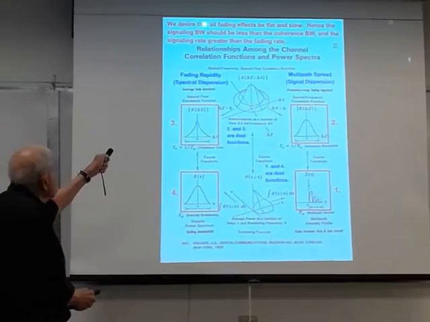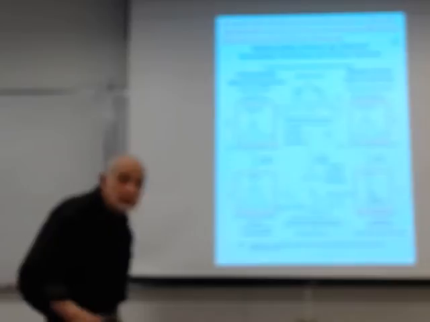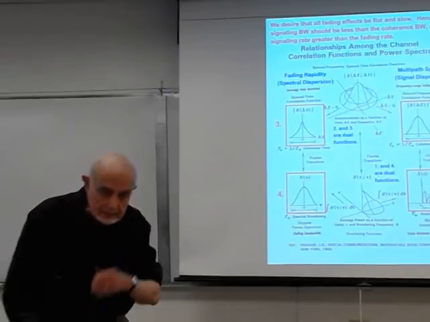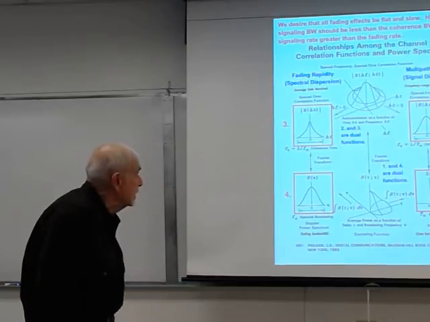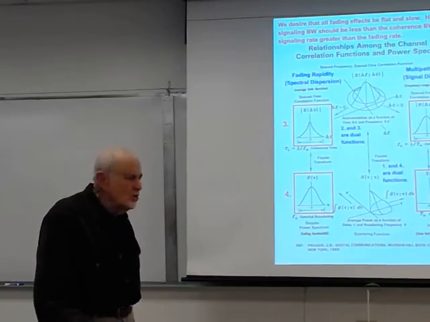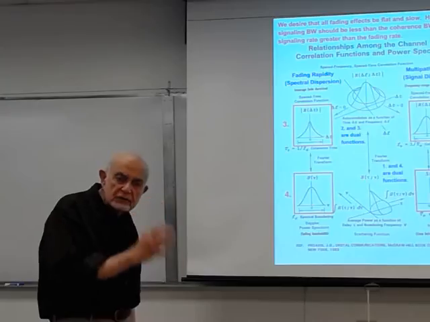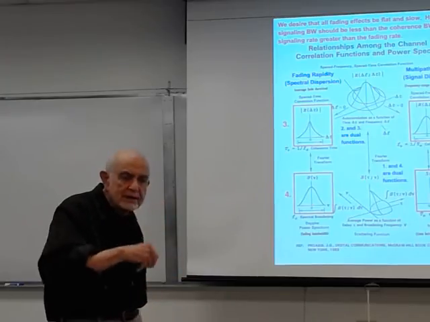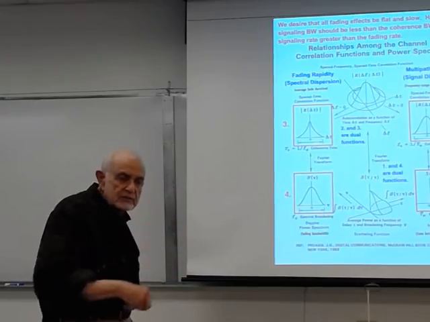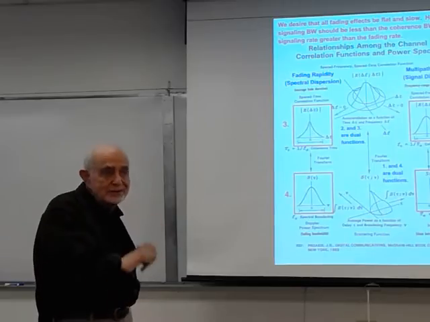So we desire that all fading effects be flat and slow. That's like a going-in position. Whenever we have any kind of distortion, we are not ready for diversity. We are not ready for taking more copies of the signal, because they may be distorted copies of the signal.